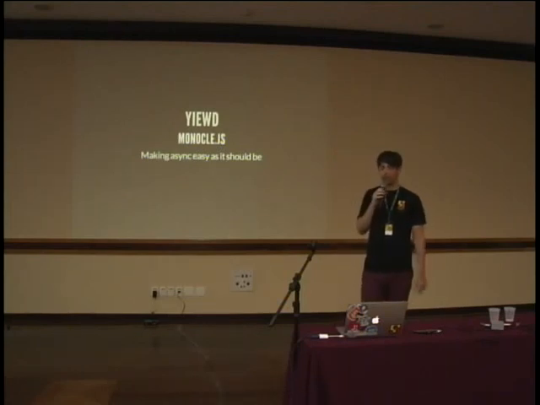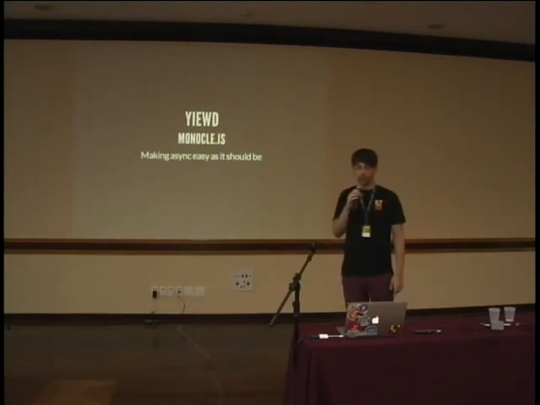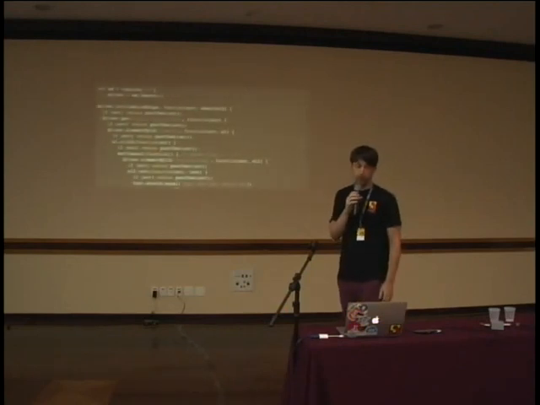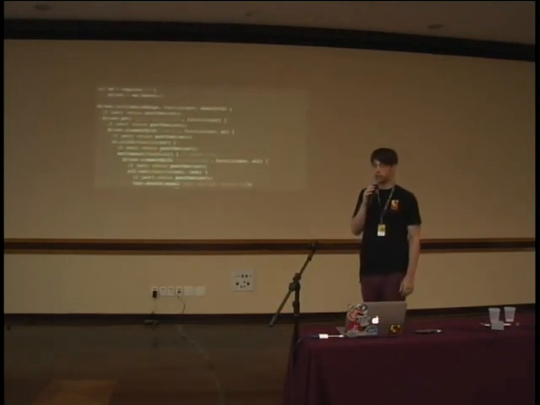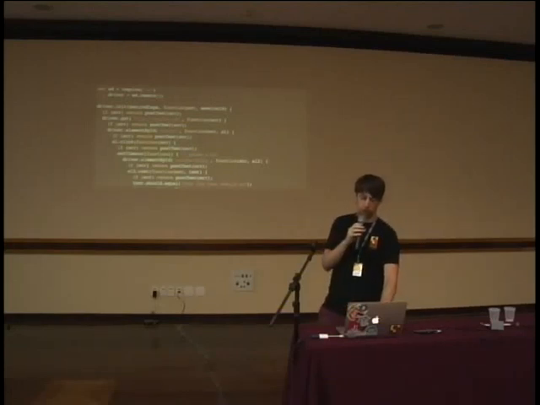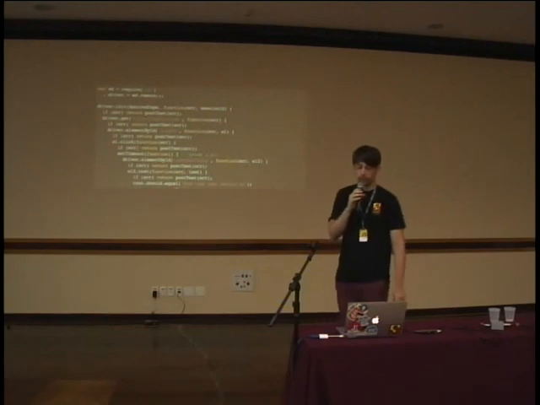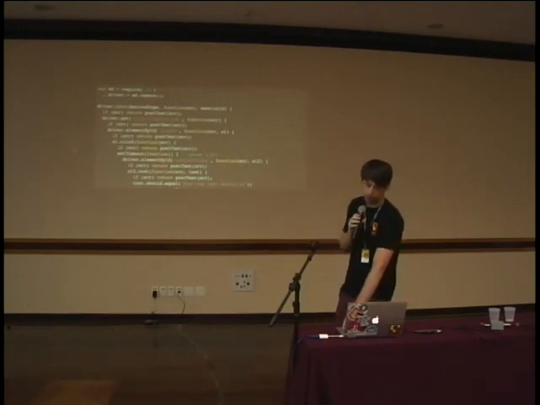Why did we do that? In a sec, you will see the code, but we wanted to make async easy. Especially in tests, async is problematic because you want actions to be run in a sequence. So you need to write callback after callback after callback, and in Selenium tests, it's really easy to create a pyramid of doom.